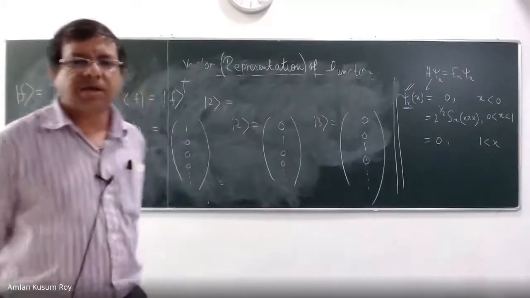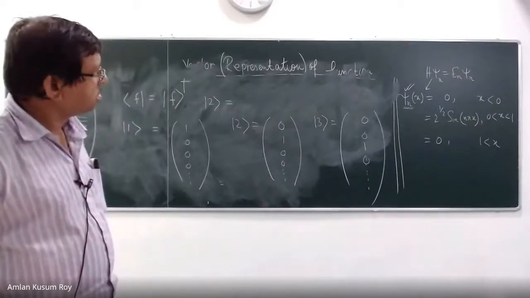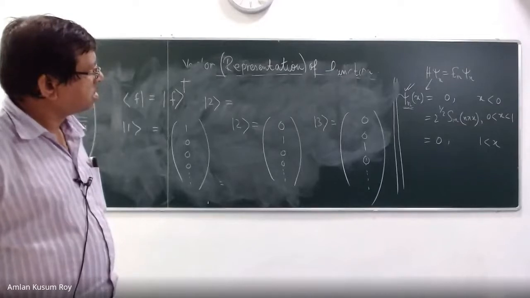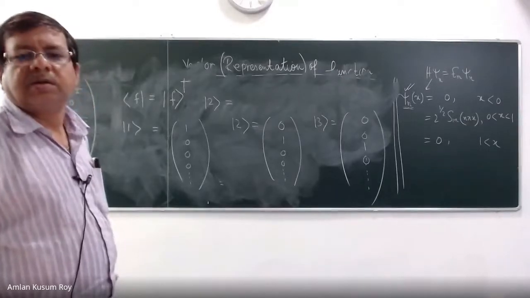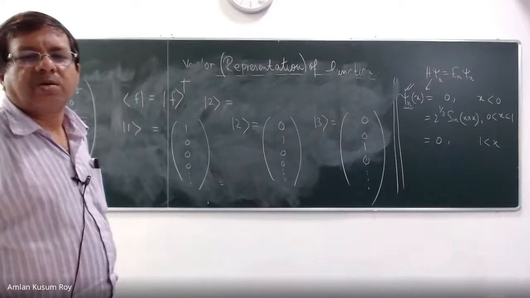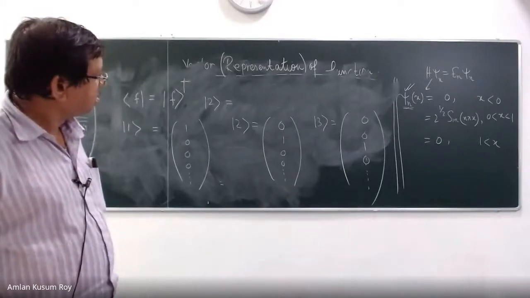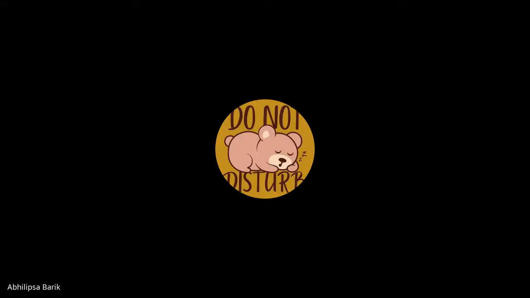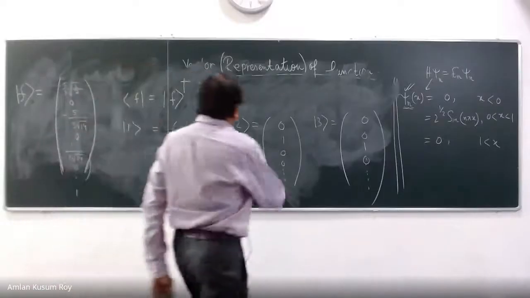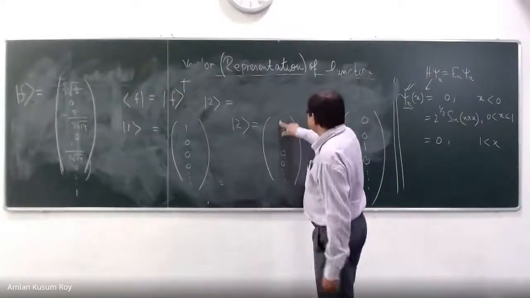You say it. When you multiply the coefficients with them and add them up, we get F. But it is not going to happen if I write this as this. What is the problem?